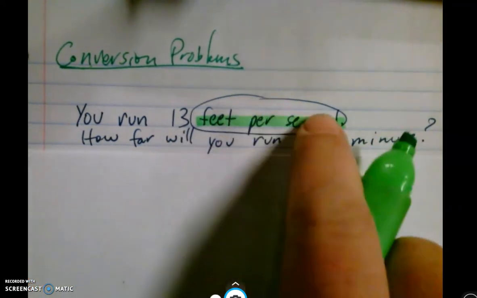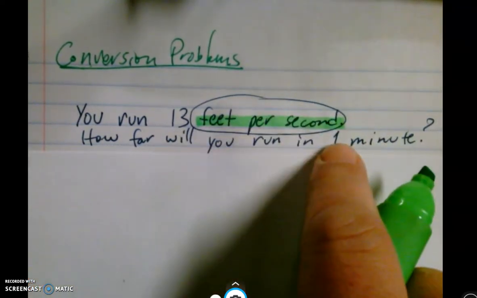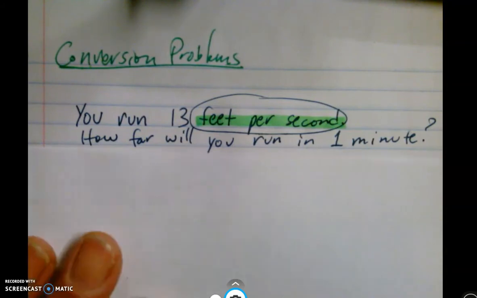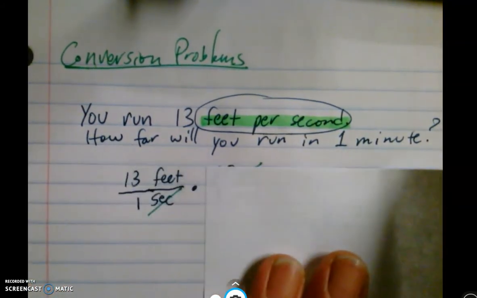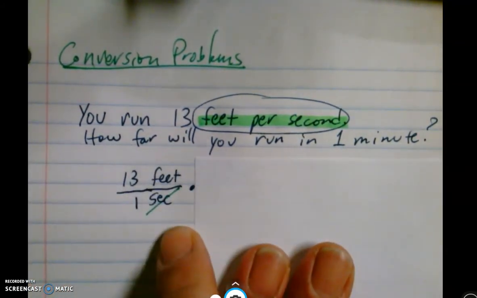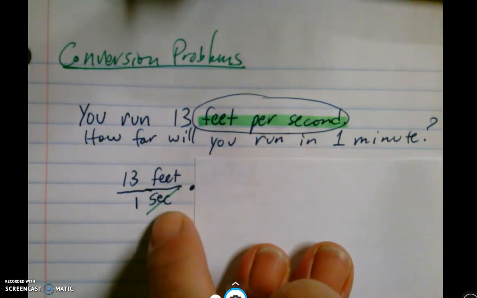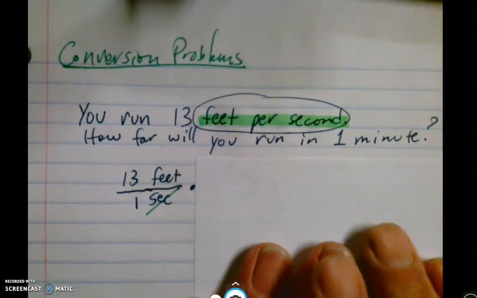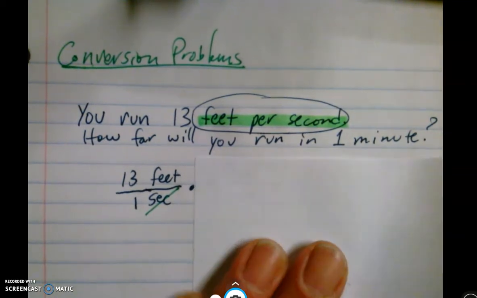Feet per second or revolutions per second or dollars per hour, something per something, does not matter. If it's per, it's a rate. So first, we write 13 feet per second: 13 on the top, seconds on the bottom. It's a ratio, a fraction.